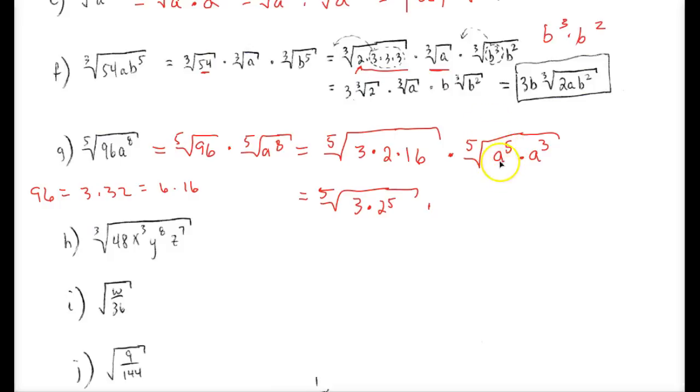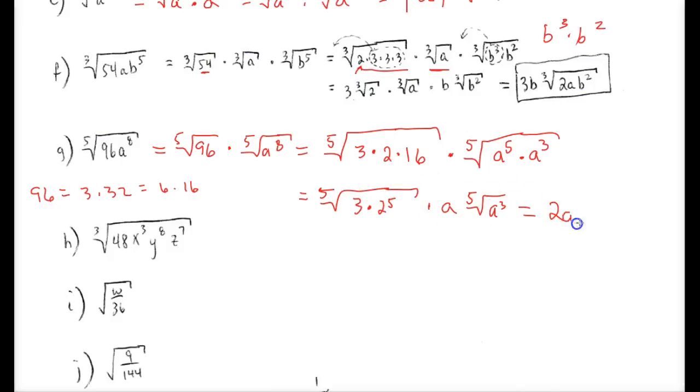So for every 5 A's we see, we can pull one out, and we just have A cubed left. And here we have 5 2's, so for every one we see, we can pull one out. So we just have 2 here.